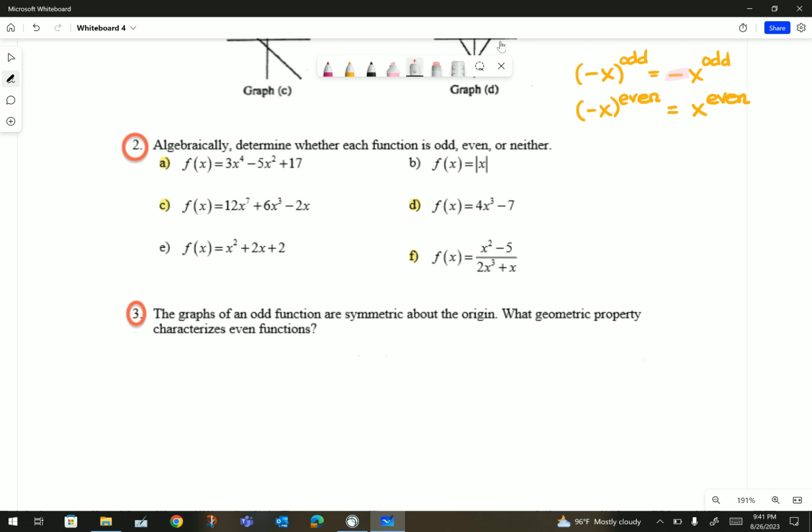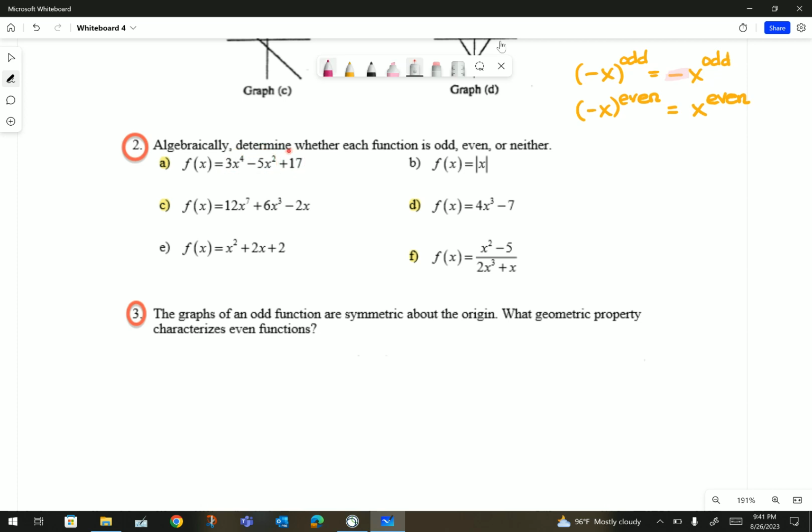Negative means opposite. With even exponents, you do not switch the sign. So when we are evaluating f of negative x, I need you to look at those 3 terms separately.